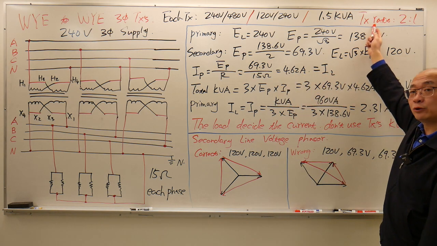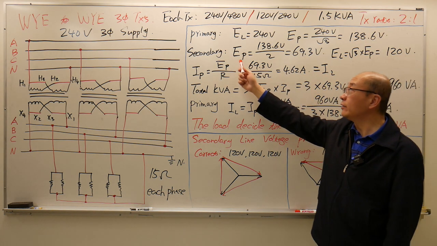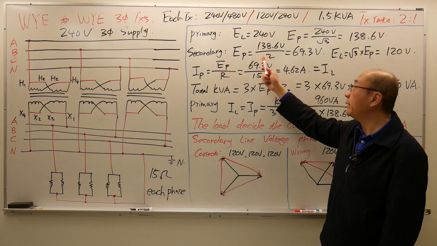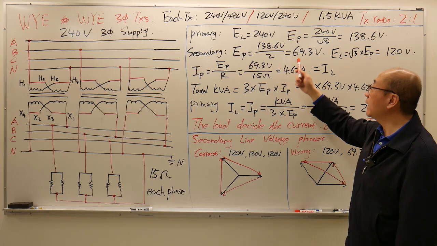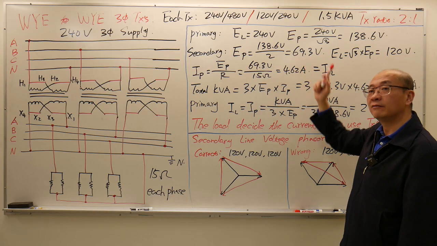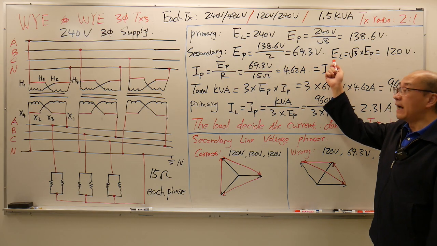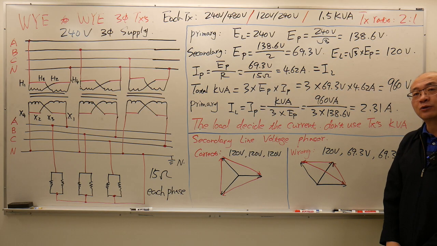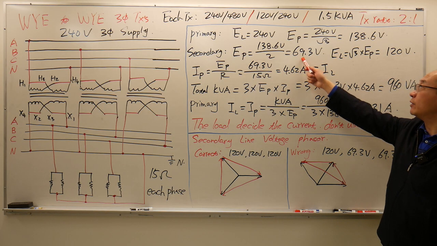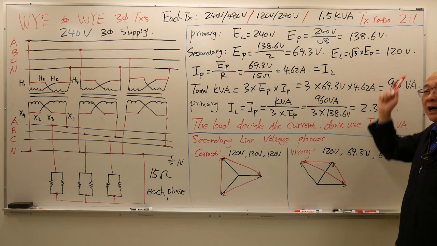Because the transformer has a 2-to-1 ratio, the secondary phase voltage is going to be equal to the primary phase voltage divided by 2. That gives me 69.3 volts. Secondary line voltage, Y connection, line voltage is going to be √3 higher, 69.3 times √3, gives me 120 volts.